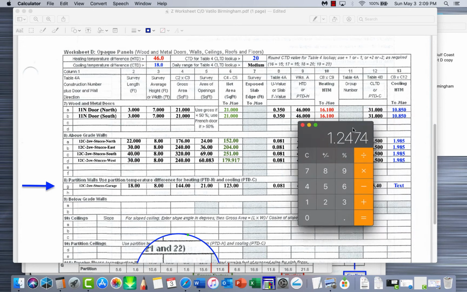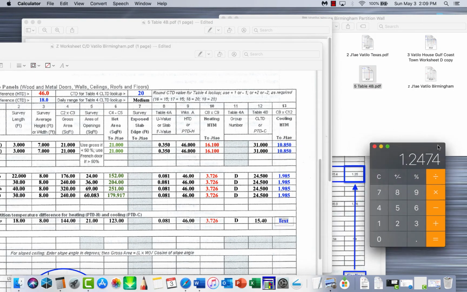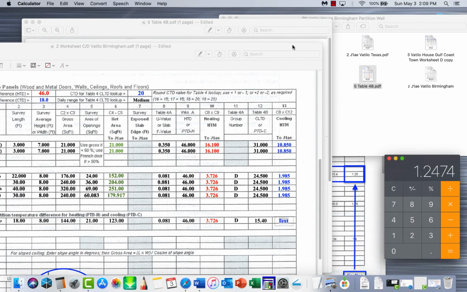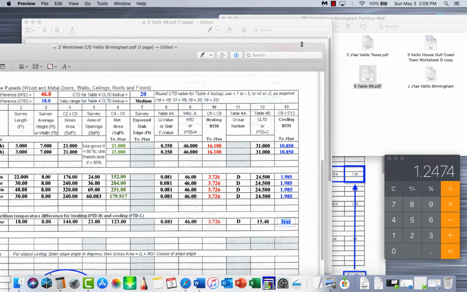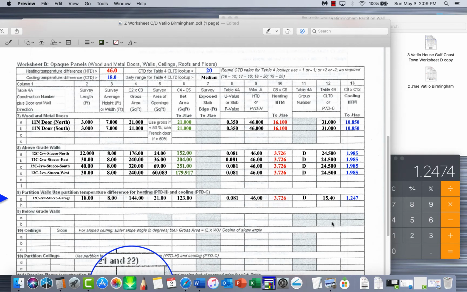And that's what we get right there. Let me move this over here where we can keep it in sight. 1.247. If this was a 5, I would have rounded that up, but since it isn't, we're going to keep it like that. Okay, so that's got our partition wall done.